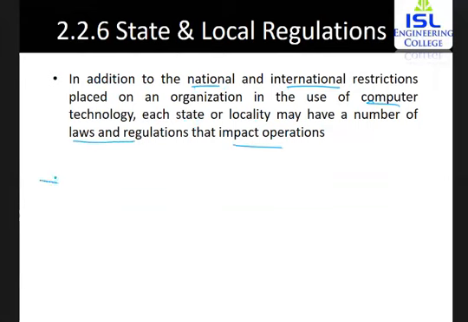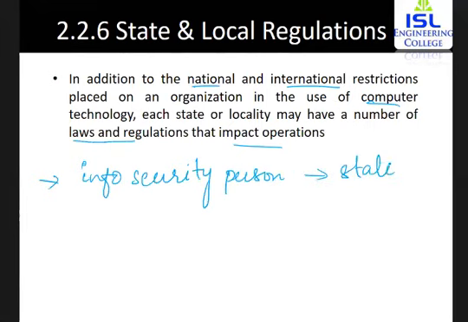It becomes the responsibility of the information security person to understand the different state laws and regulations, and to ensure how he is going to comply with them.